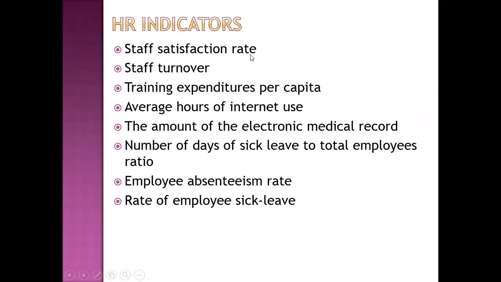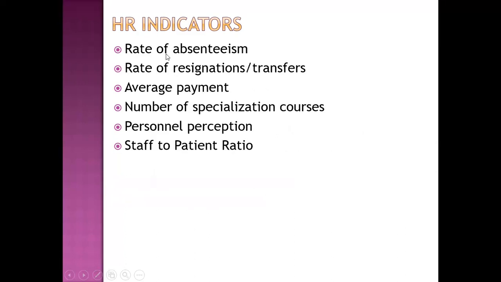These include staff satisfaction rate, staff turnover, training expenditure per capita, average hours of internet use, the amount of electronic media record, number of days of sick leave to total employees ratio, employees absenteeism rate, rate of employees sick leave, rate of absenteeism, rate of resignation, transfer, average payment, number of specializations, courses, personnel perception, staff to patient ratio.